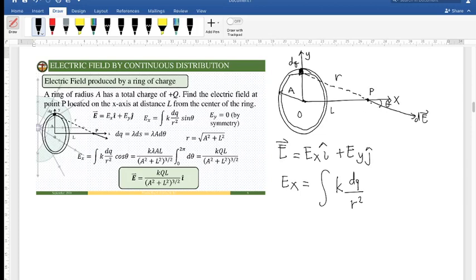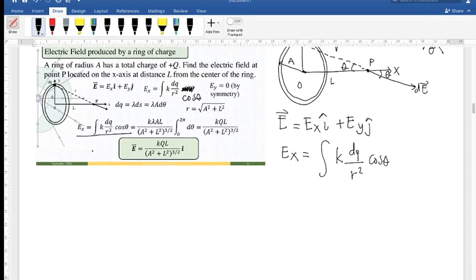According to geometry, the theta here is equal to the theta here. Now, looking at Ex, it's actually not sine theta but cosine theta. Wrong again on my part. It is cosine theta because the x-axis is adjacent to your angle theta, so cosine theta is correct.